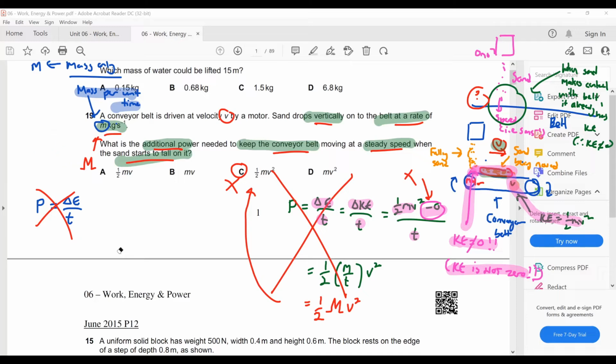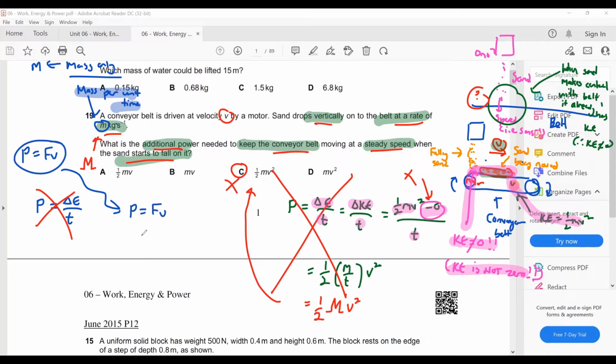Sorry, just now I was writing, I'm actually trying to derive back to P equals to Fv. I'm going to use this instead. P is equals to Fv.